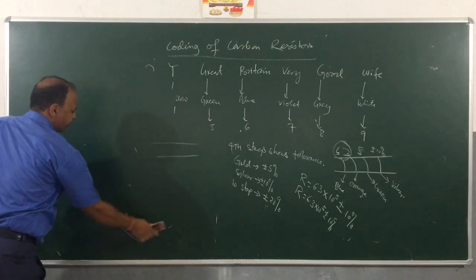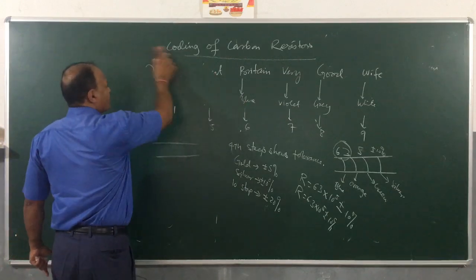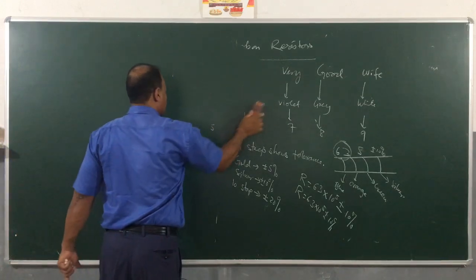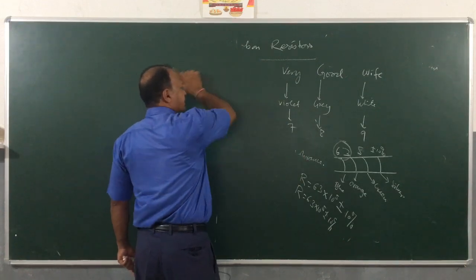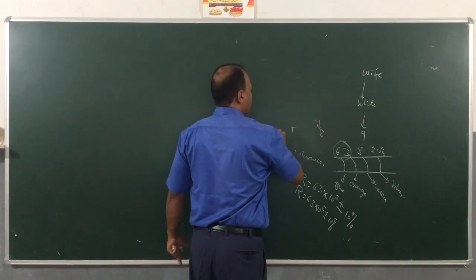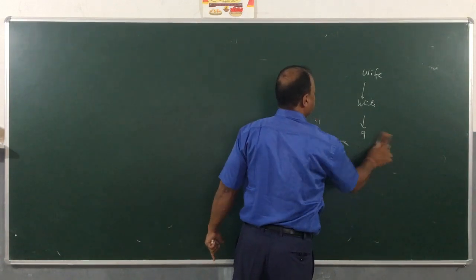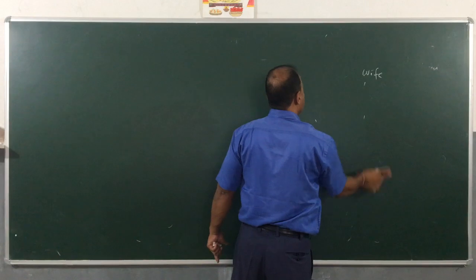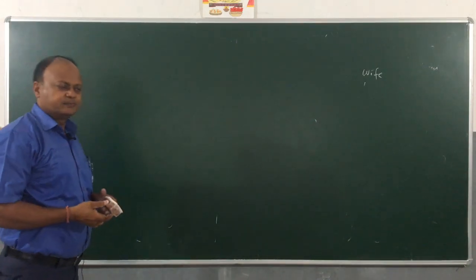now children, once I have done the color coding of carbon resistances, remember we discussed drift velocity. Now in this discussion we will try to find out what is the relation between drift velocity and electric current which is flowing through a circuit.